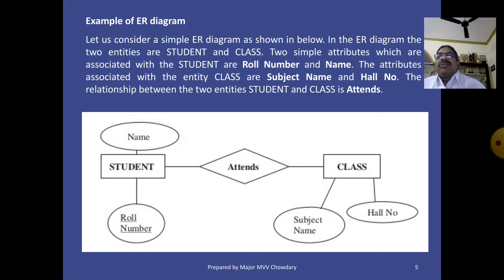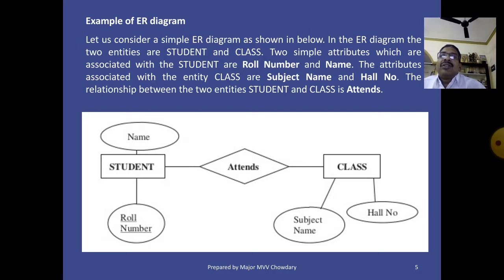So we take an example of an ER diagram. Let us consider a simple ER diagram as shown on the screen. In the ER diagram, the two entities are student and class.